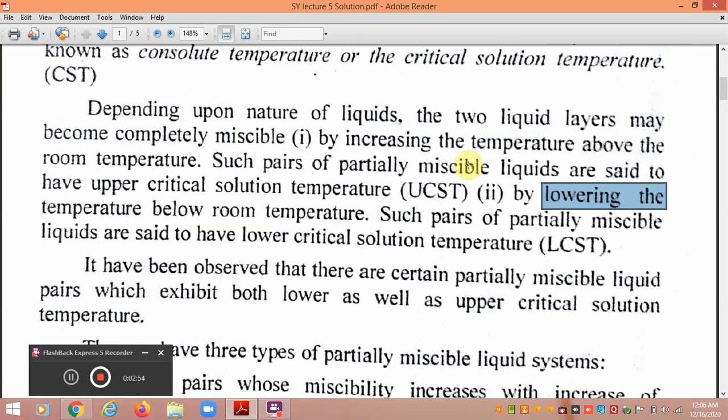If these two partially miscible liquids become completely miscible by increasing the temperature, then such liquid pairs are said to have an upper critical solution temperature. If they become completely miscible by decreasing the temperature, then these liquid pairs are said to have a lower critical solution temperature.